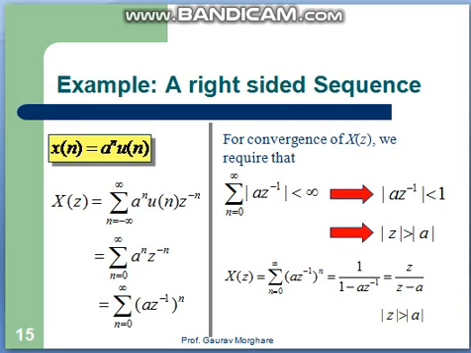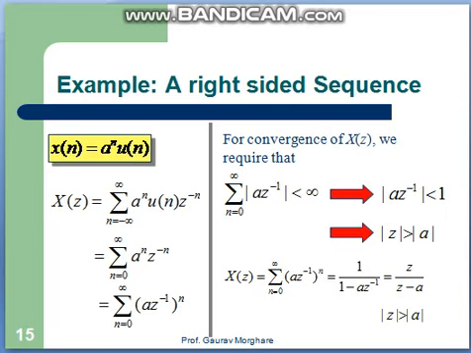It is clearly seen in this formula. a to the power n is an exponential function. As we know, if the value of a is less than 1, it will be a decaying exponential, and if the value of a is greater than 1, it will give us a rising exponential.